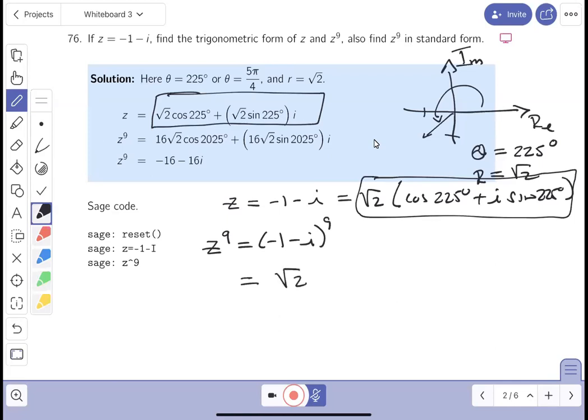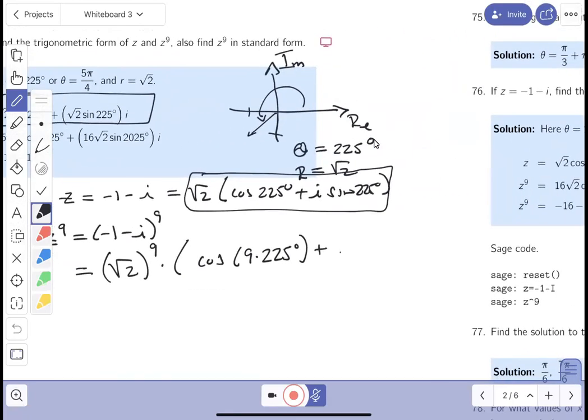Root 2 to the 9th power times cosine, this is going to be a tough one, 9 times 225 degrees plus, oh boy, I got to move over here, i sine 9 times 225 degrees.